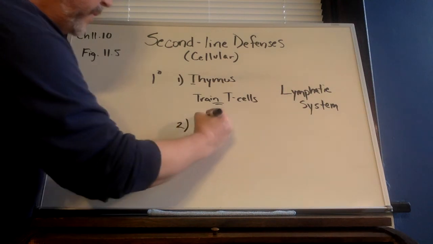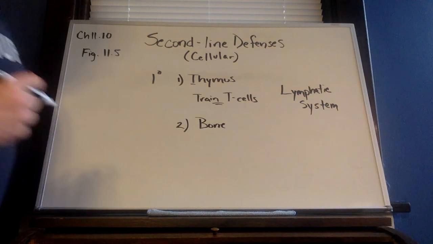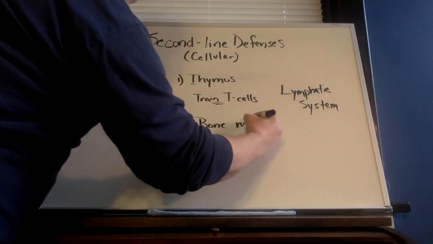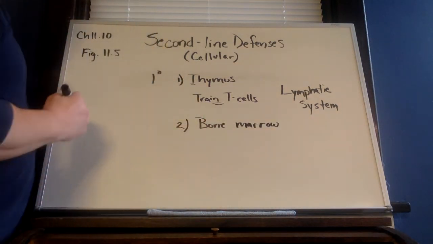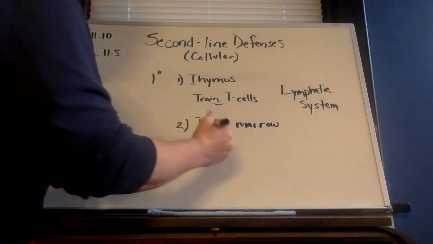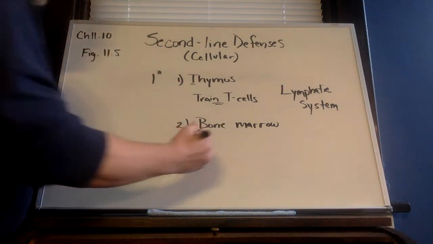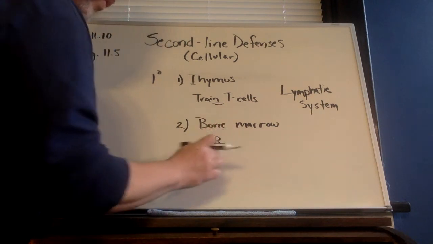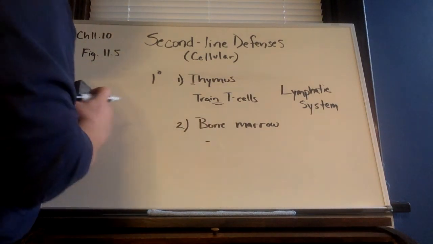The second place that is primary is the bones, and in particular in the bone marrow. This is where all blood cells arise from. So in the bone marrow, not only will you get your red blood cells, this will create red blood cells or erythrocytes, and I like you to use the fancy words.